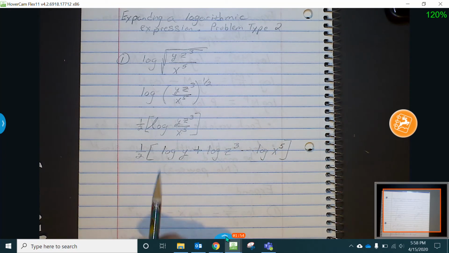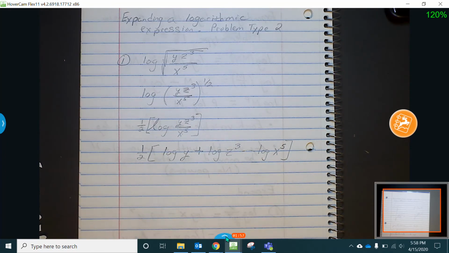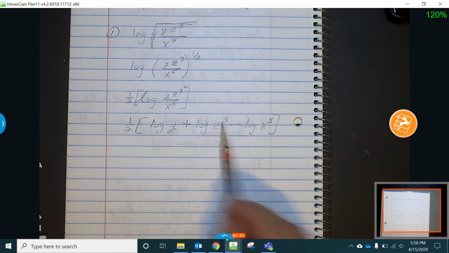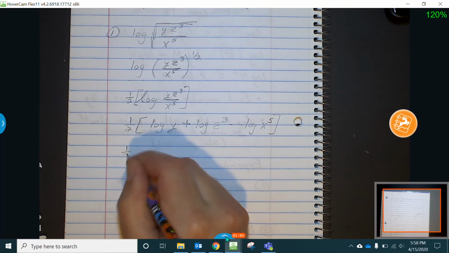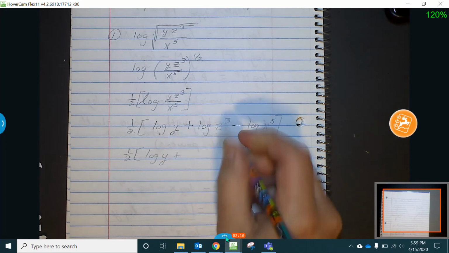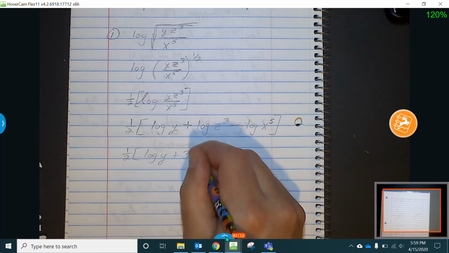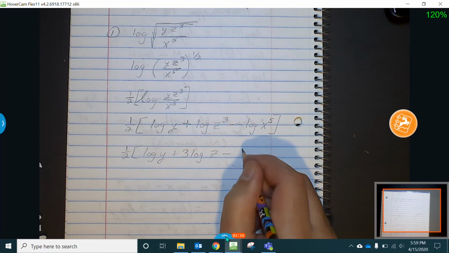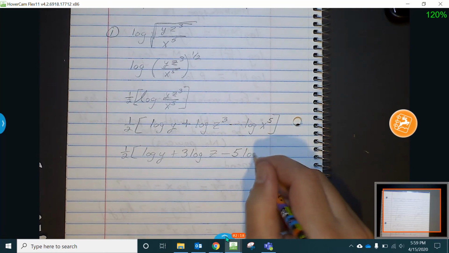Same thing we did last lesson. Now we can't leave these powers here, so it's 1/2 log y plus the 3 moves in front, 3 log z minus the 5 moves in front, 5 log x.